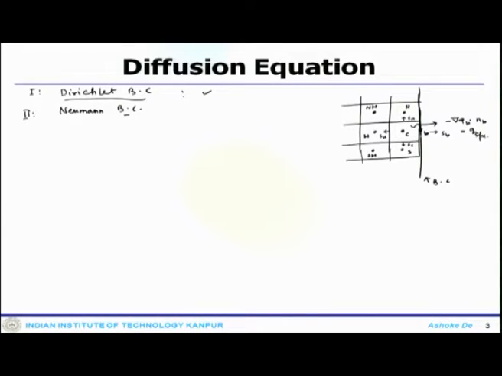Now, if you look at that element C, one of whose faces, the east face, belongs to the boundary, the gradient condition is prescribed. The condition which is prescribed at the boundary face B is minus gamma del phi b dot I equals QB.